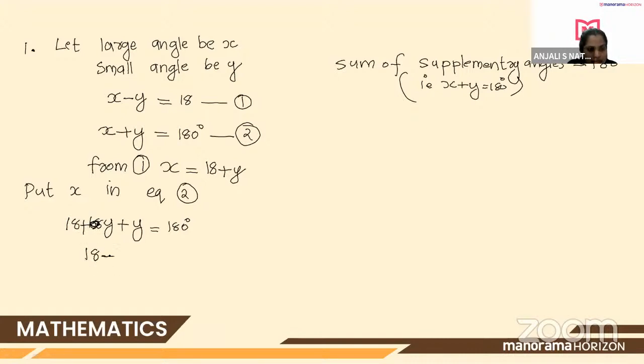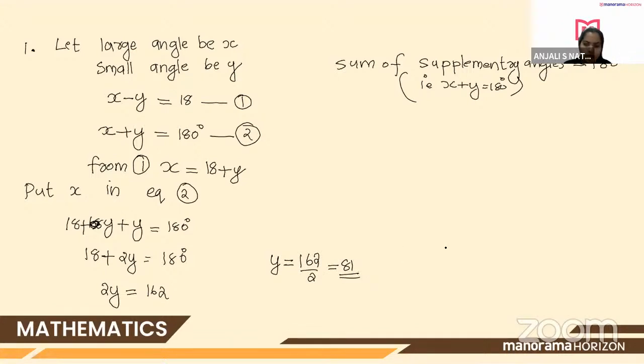That is 18 plus 2y is equal to 180 degrees. And 2y is equal to 180 minus 18, 162. And y is equal to 162 divided by 2, which is 81. So we got the answer for y.